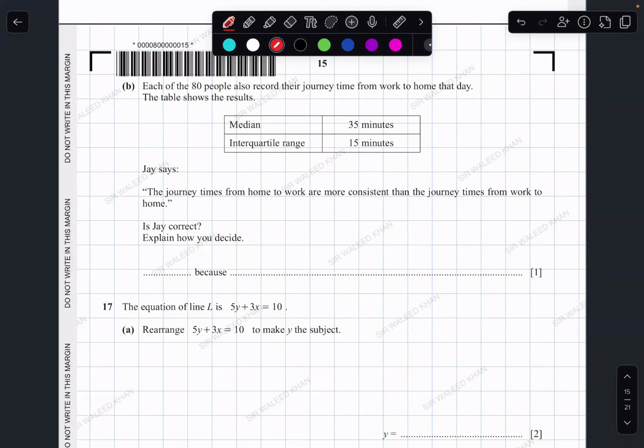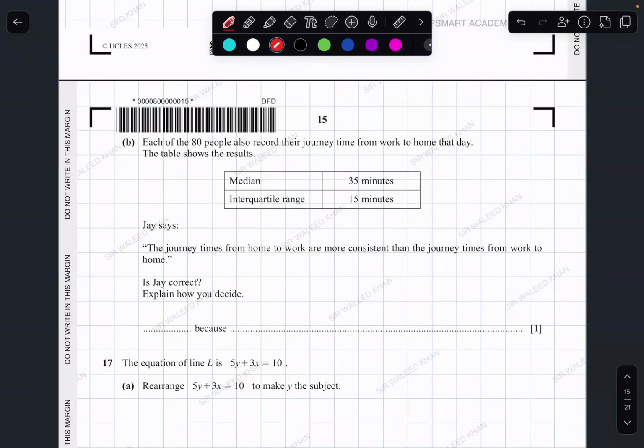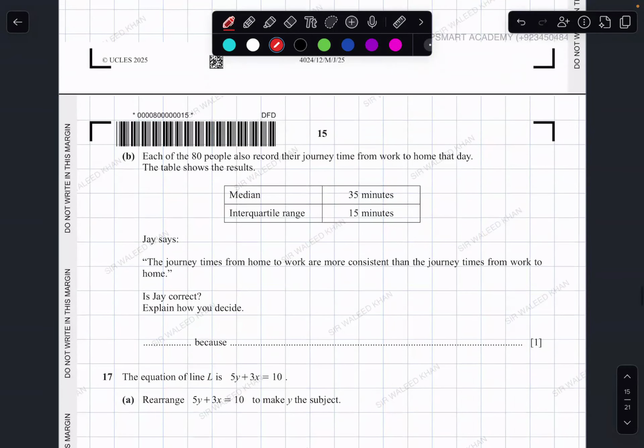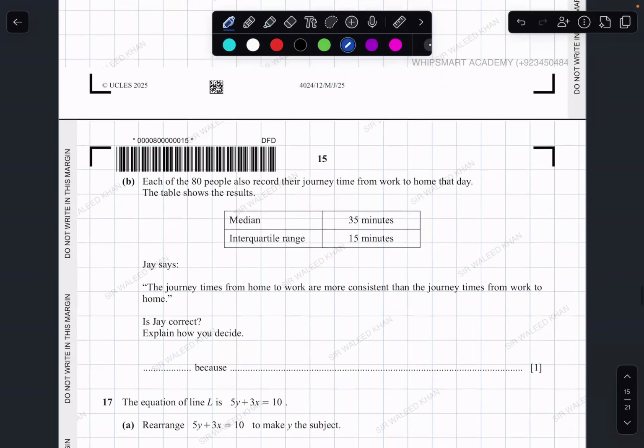So he's saying the journey time from home to work are more consistent. What is the journey time from home to work? Okay. Just to be clear, let me highlight it. Each of the 80 people also record their journey time from work to home that day. Work to home.